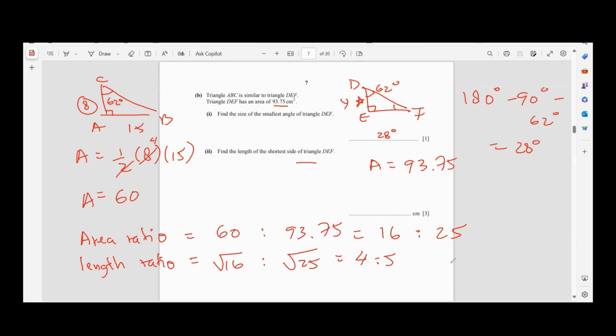So it should be 5 over 4 times 8. So we shall get 10. So the length of the shortest side is 10 centimeters. So that is for the B.